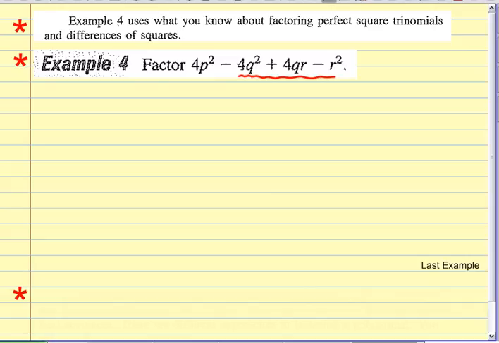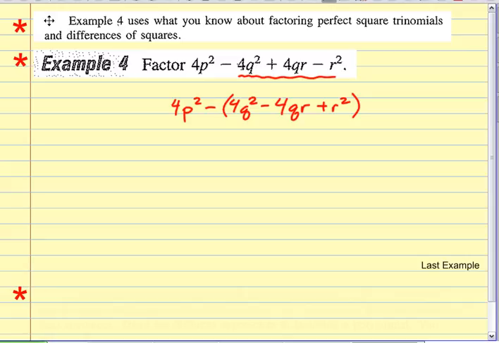Well, if I do that, 4p squared minus something, 4q squared, what's here? Minus 4qr. Nice. What about back here? Plus r squared. Love it. I could do that.